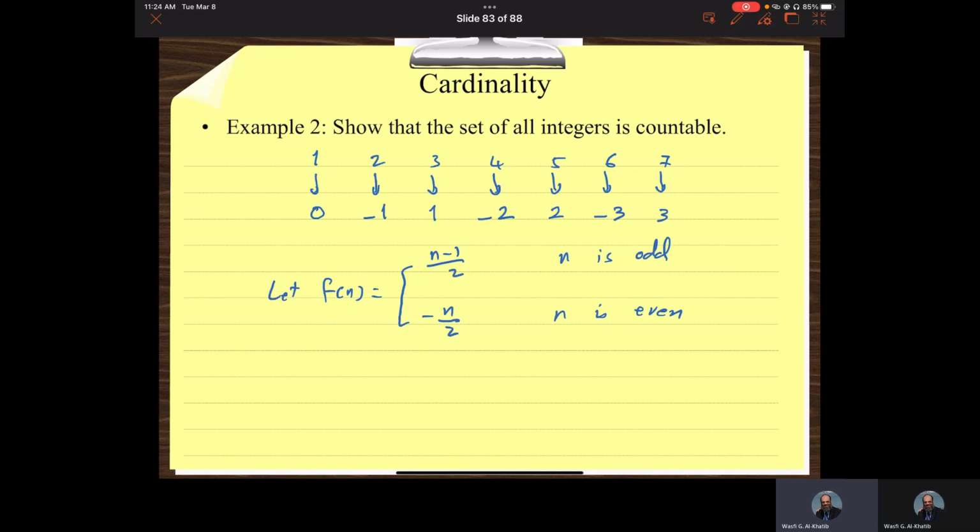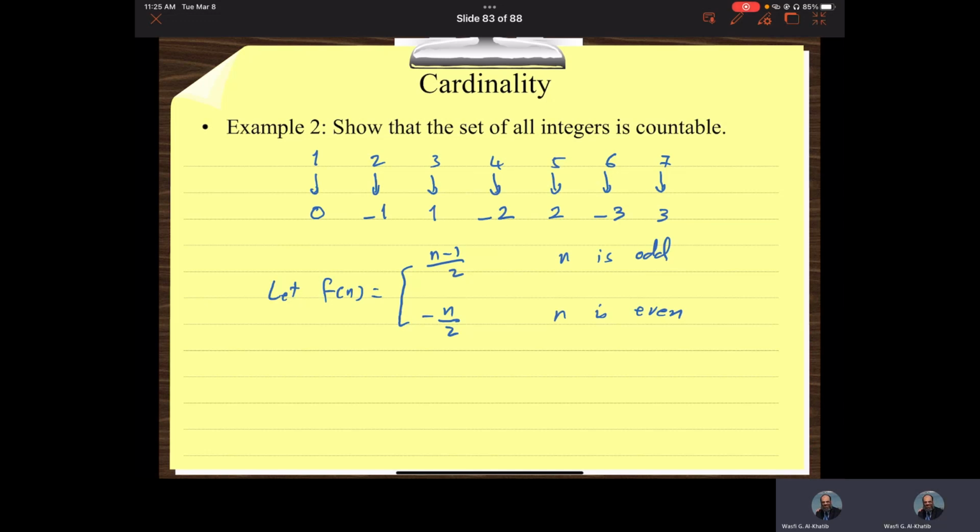The odd ones: 1, 3, 5, 7 until infinity. Now Z, look at this, isn't this a listing of the elements of Z? You start from 0, then minus 1, 1, minus 2, 2, minus 3, 3, minus 4, 4, minus 5, 5, minus 6, 6. So it's basically a sequence.